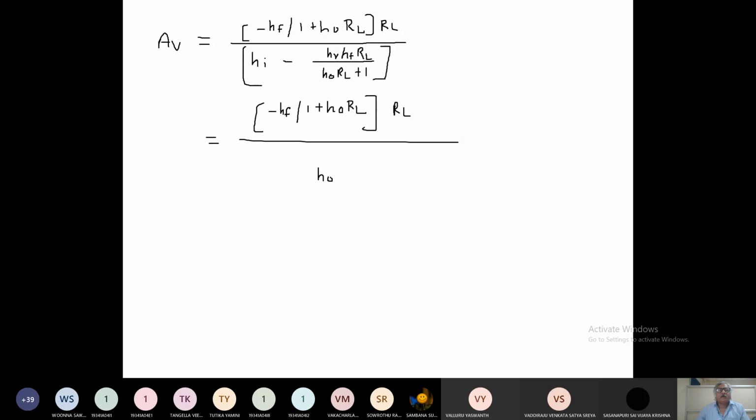So it will be H naught RL plus 1, so it will be Hi, and we multiply this with H naught RL, plus Hi minus HR HF RL. Okay, this, right?